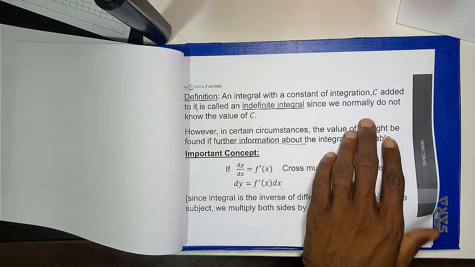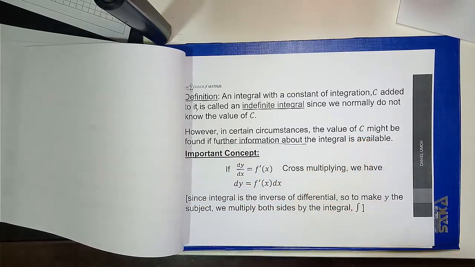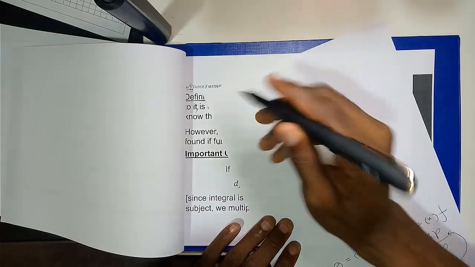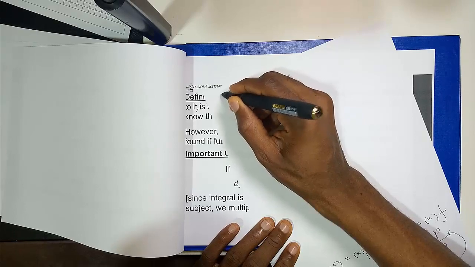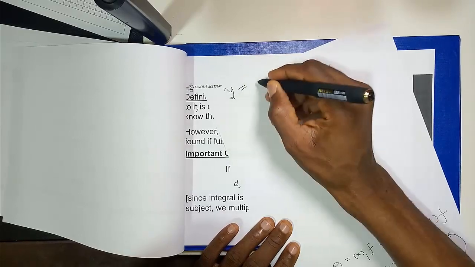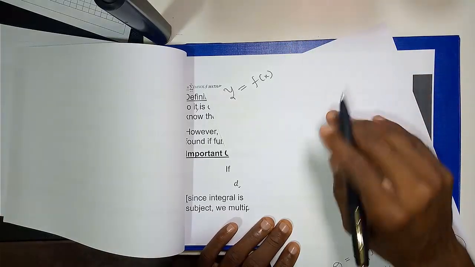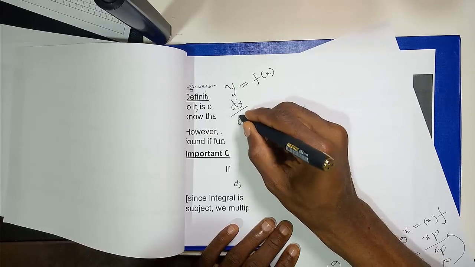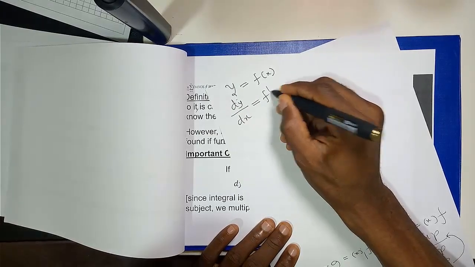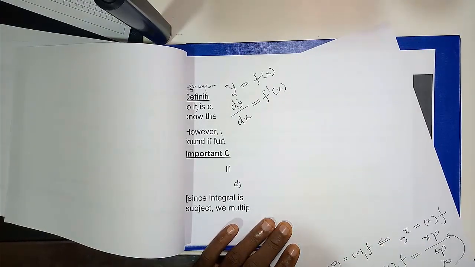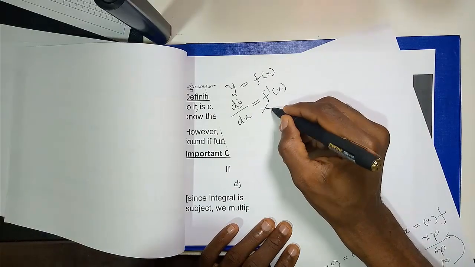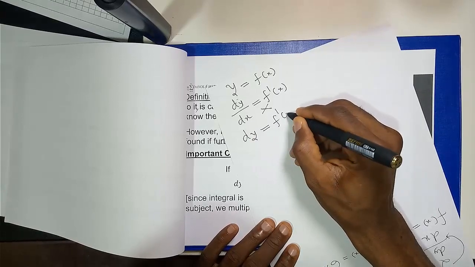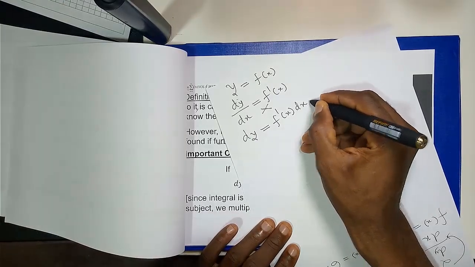Now, I want us to look at some important concepts. Originally you were given a function y equals f of x. Please follow me, I want to derive something. If I differentiate this, dy over dx is equal to what? F prime of x. On cross multiplying, I will have dy equals f prime of x dx.